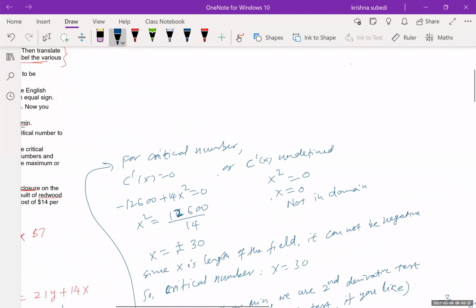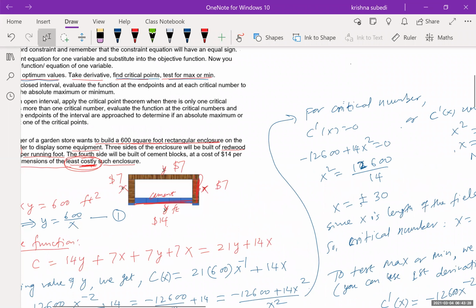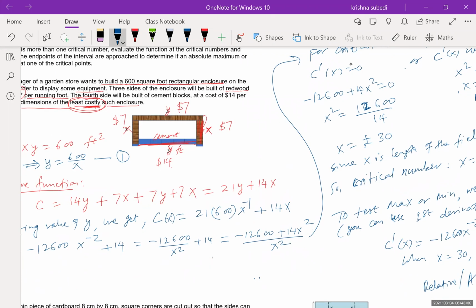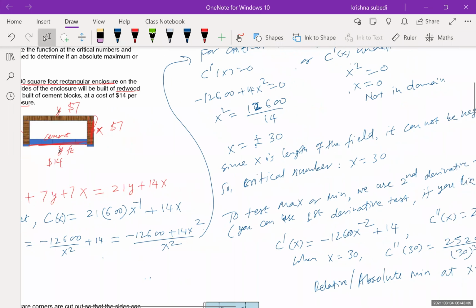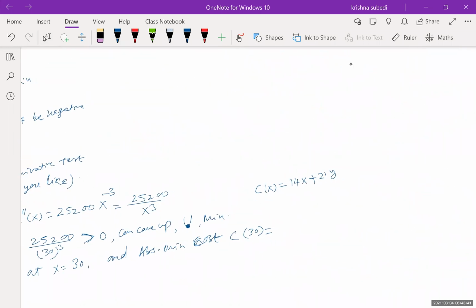The cost function in terms of x is 14x plus 21 times 600 over x, which is 14x plus 12,600 x to the power negative 1.